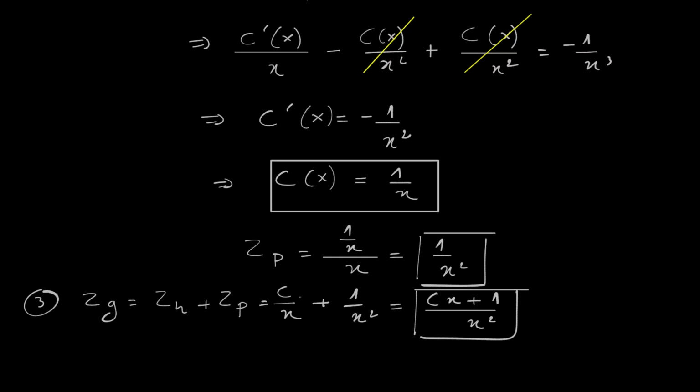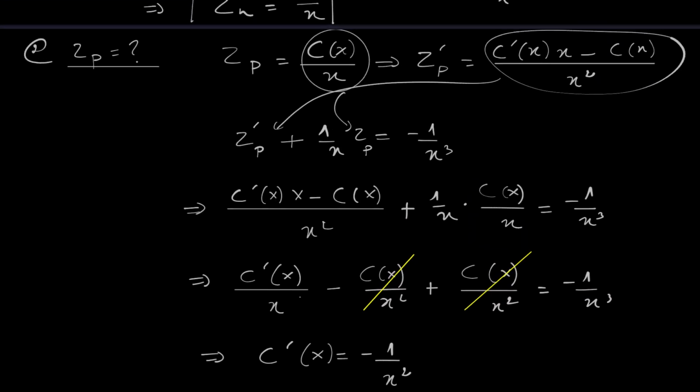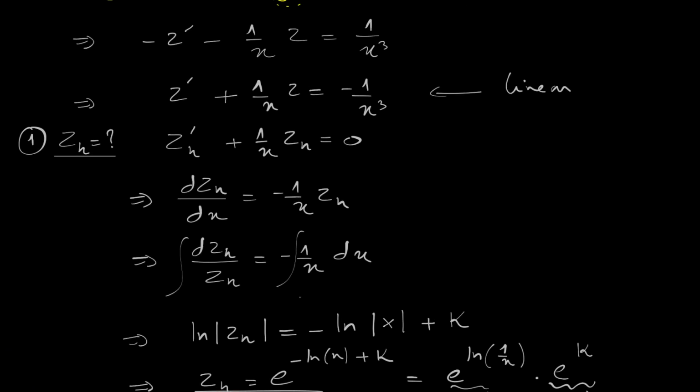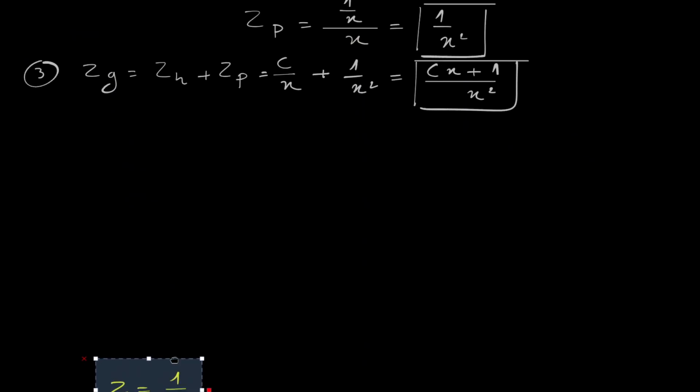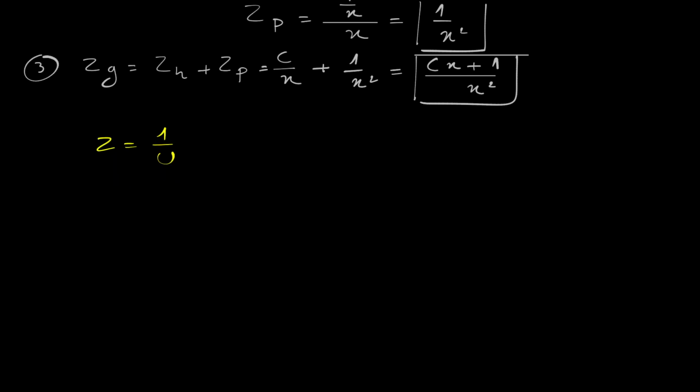Now we return to our substitution, which is z equals 1 over u. To find u, which is 1 over z, we can write it in this form.